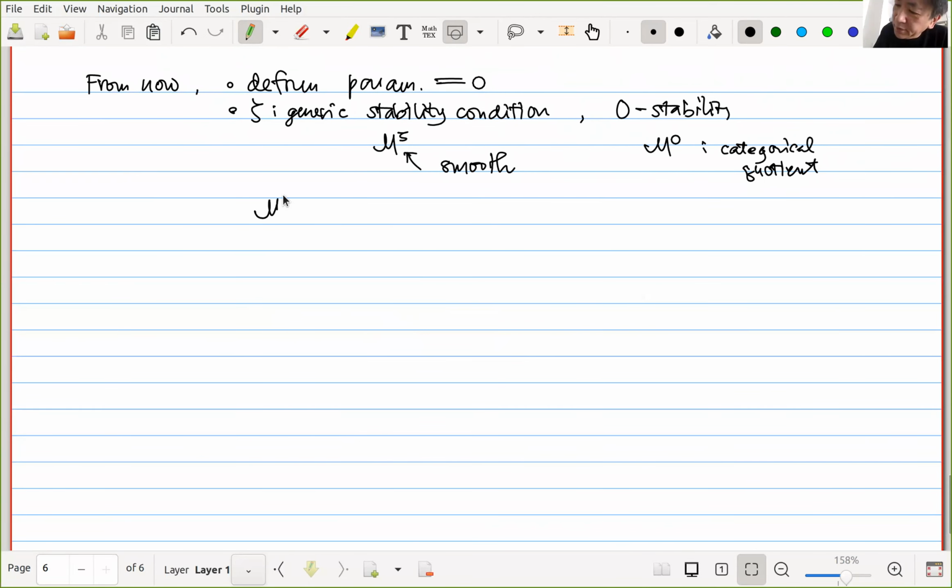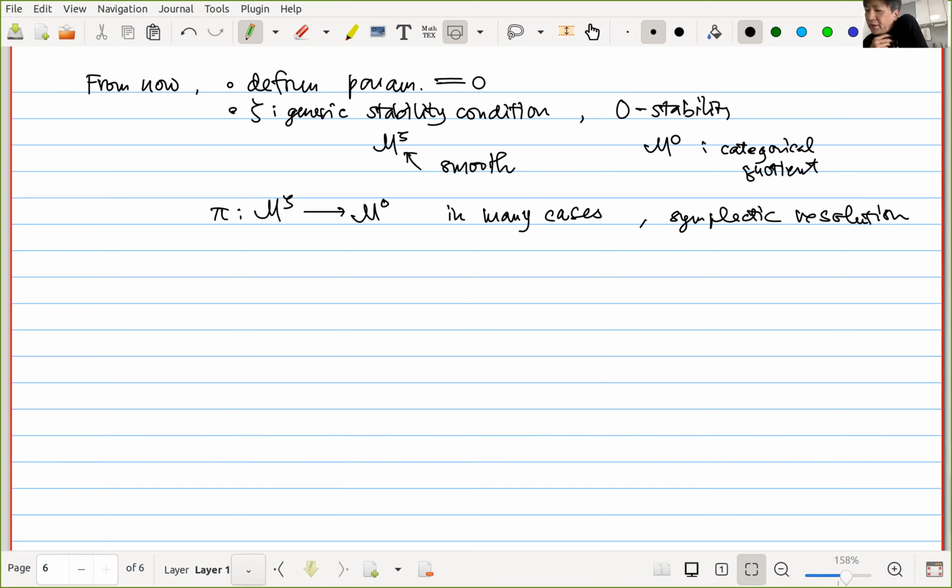And you always have a morphism like this. In many cases this is a symplectic resolution, but not in general. For example, for quiver varieties, I hope you know there is some dominance condition to guarantee that this is a symplectic resolution.